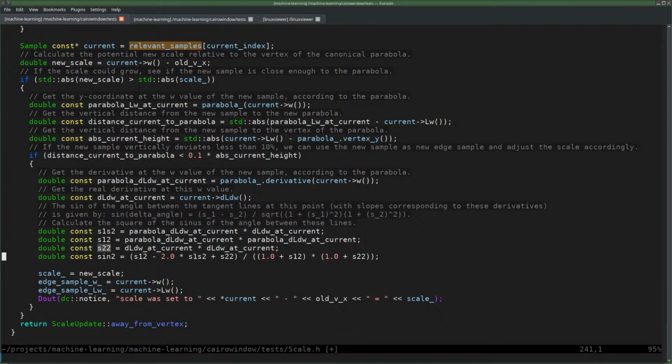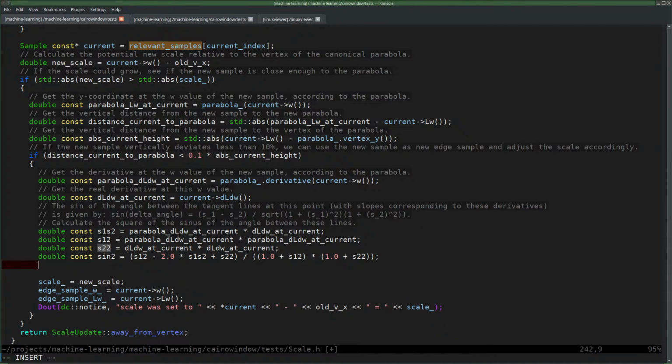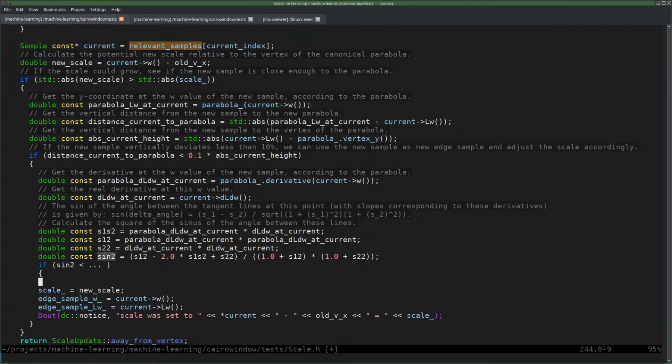Well, I mean, it is a sine, but assuming this is small, I might as well compare it directly. So this is a square, so it should always be positive. And if the sine is less than something, then we do this, otherwise we do not.